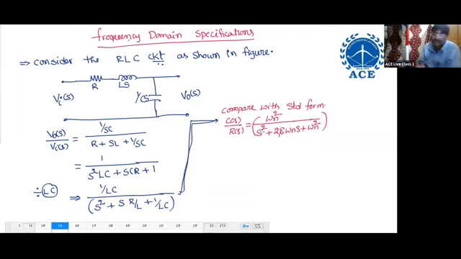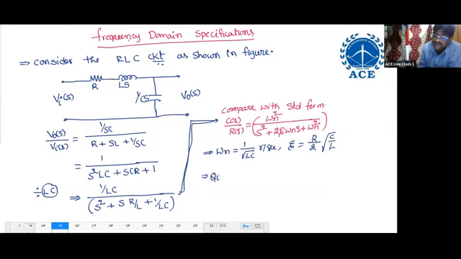So now what will I get? Omega n equal to what? 1 by root LC radians per second. Zeta equal to what? Already we found all these things. R by 2 root of C by L.